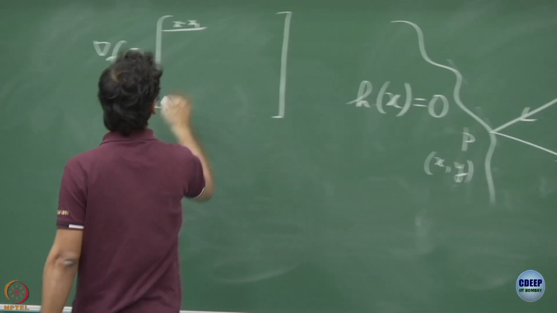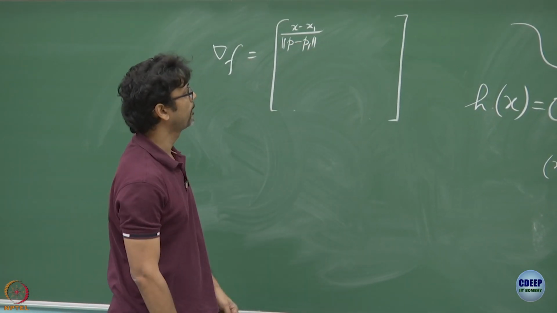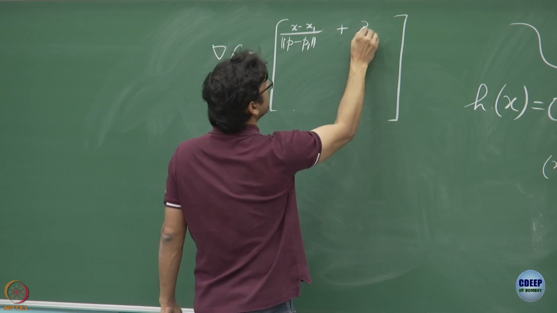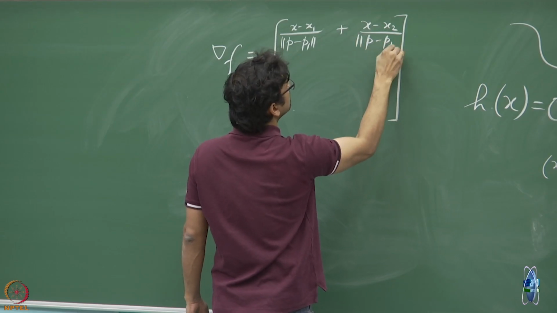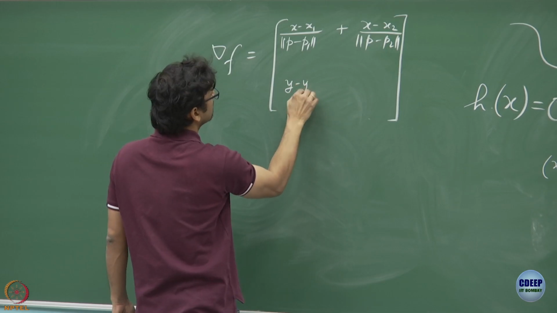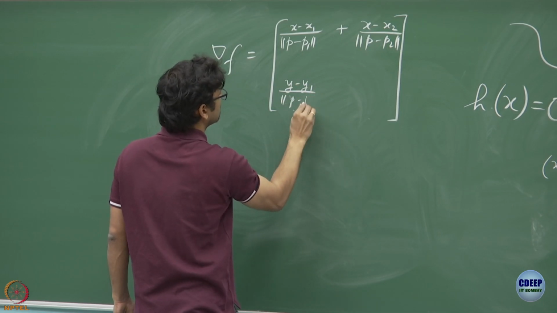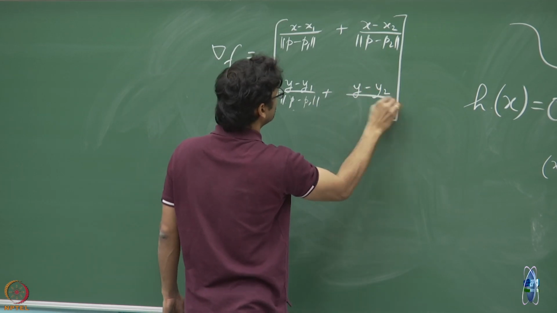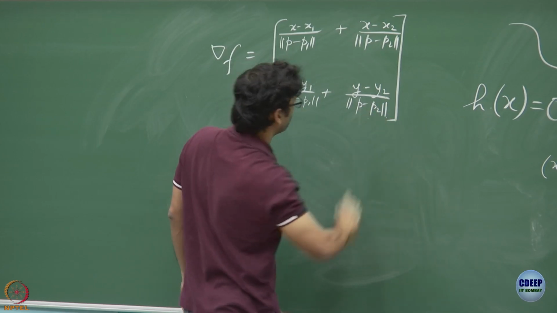In a mixed kind of notation. Plus x minus x2 upon norm p minus p2. And this is going to be y minus y1 upon p minus p1 plus y minus y2 upon p minus p2's norm, right?